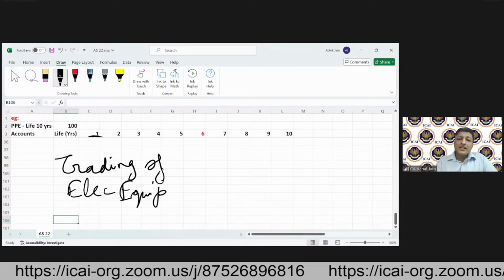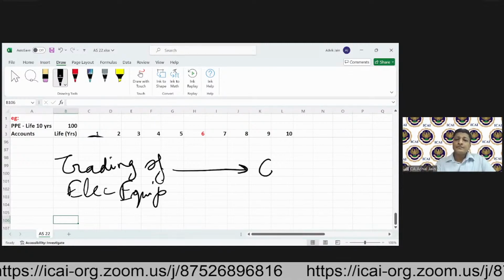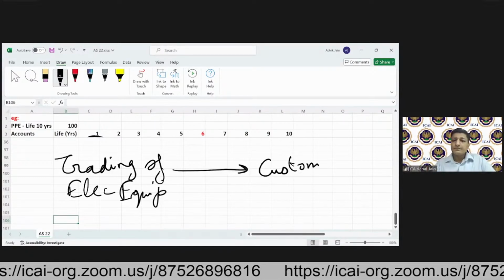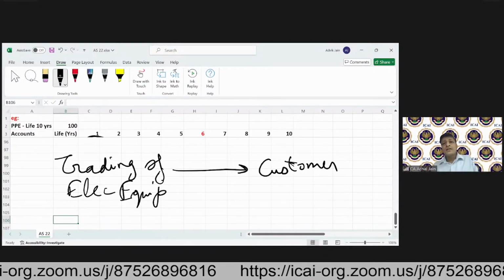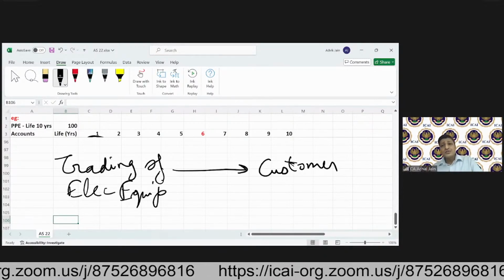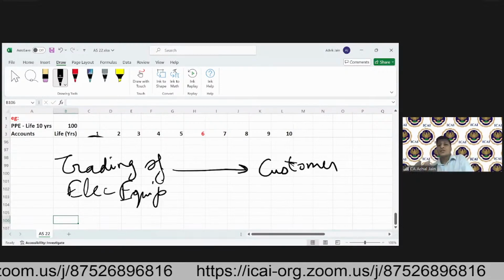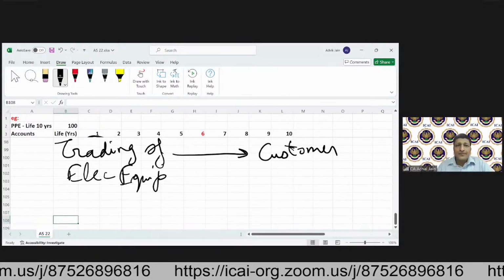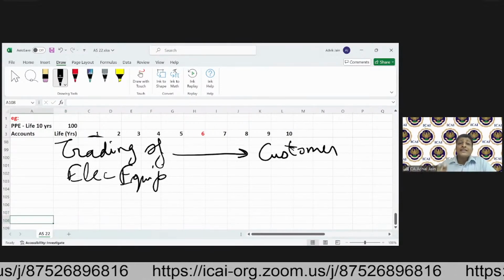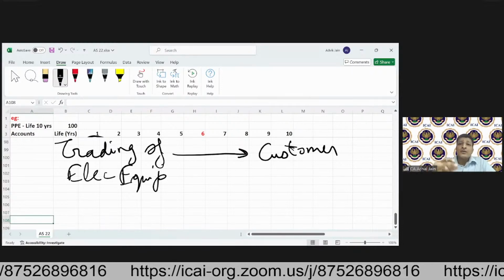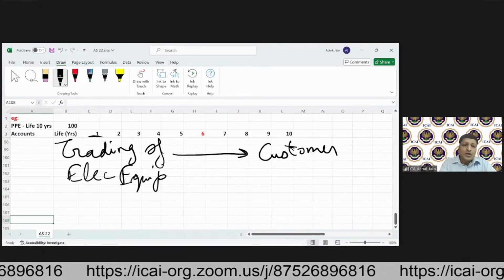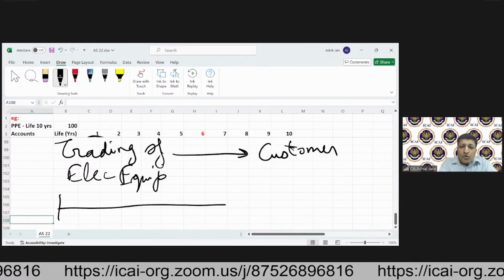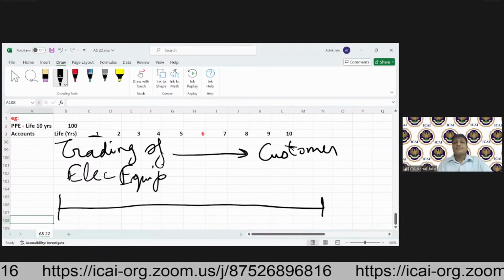The company has a term with the customer that the company will be required to deliver goods at the location of the customer. So this is the situation that we have.